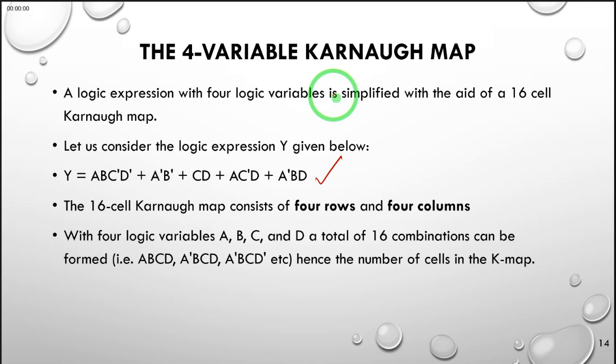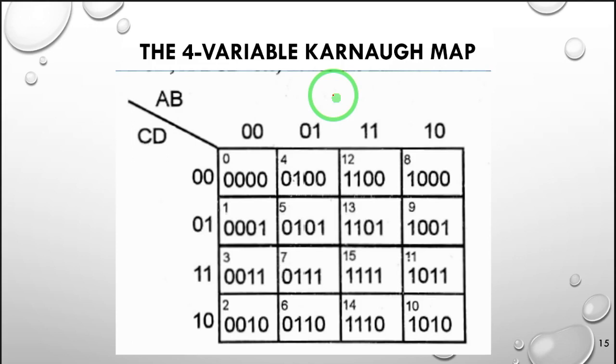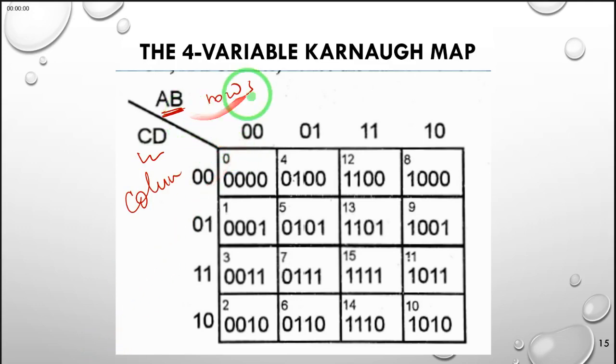In this Karnaugh map, we divide the most significant 2 variables A, B to become the rows, and the least significant variables C, D become the columns. That is how we normally arrange the 4 variables.